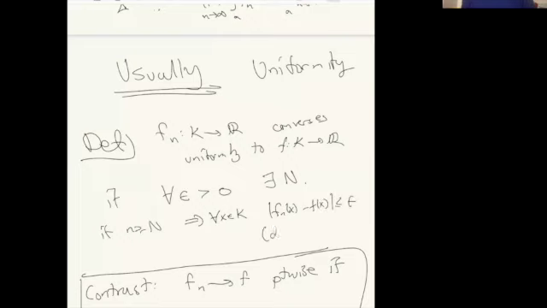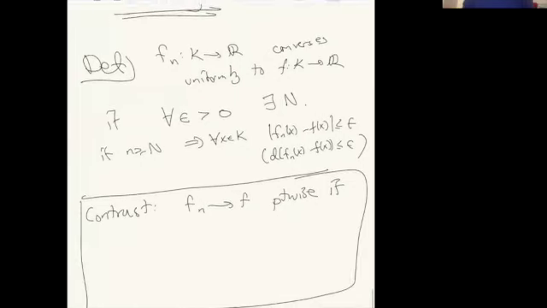Of course, you could write the distance if you wanted to generalize this to higher things, but there's really no need to. So this is a more robust notion. It behaves much better. It precludes some of these examples.